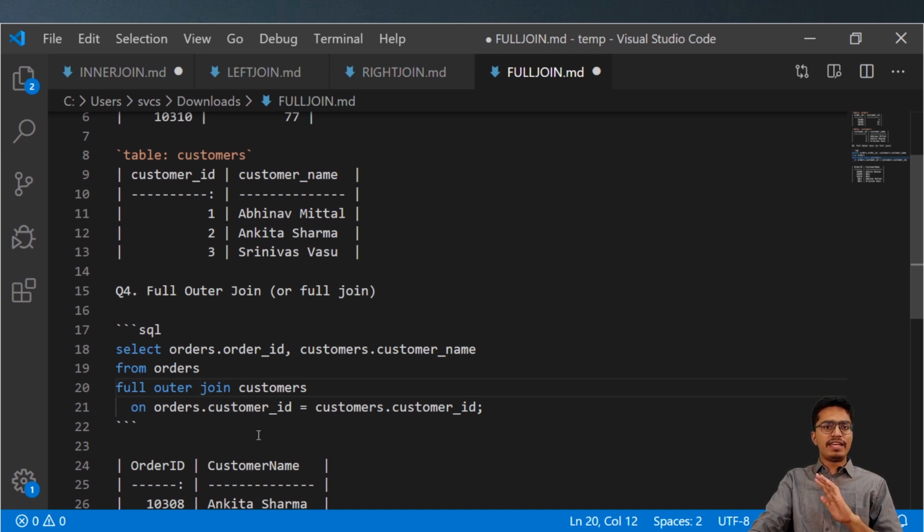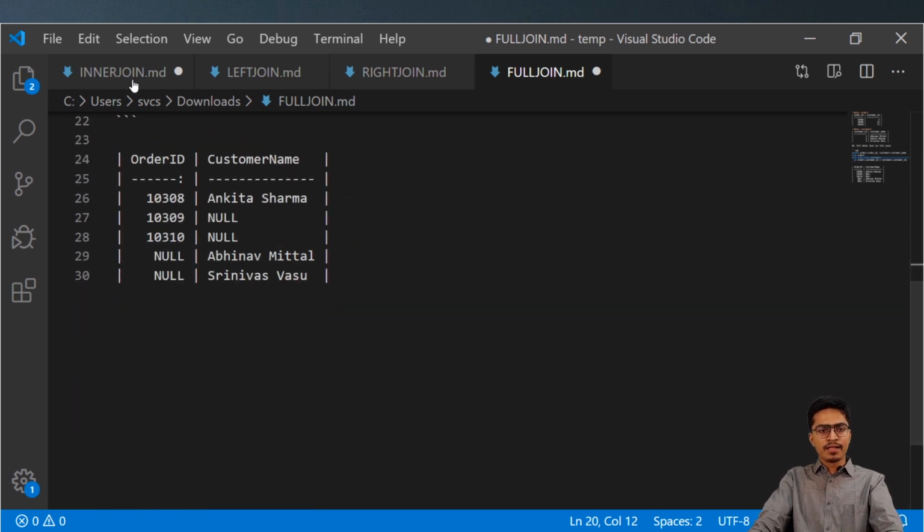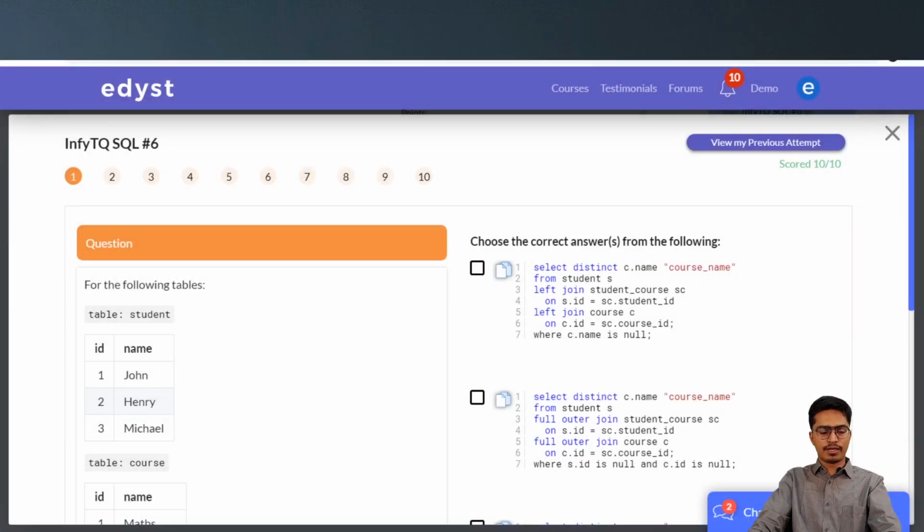Inner joins will never give you null values. Outer joins will give you null values based on which rows in which table did not find a match. Now that we've discussed that, let's quickly go to our MCQs here.